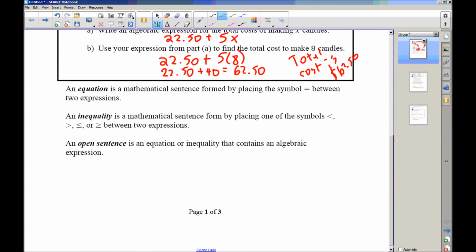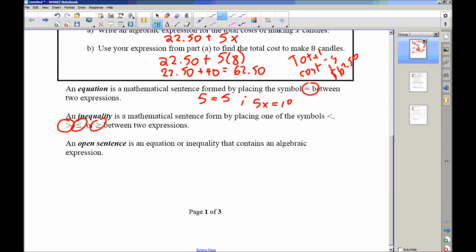All right. A couple of definitions down here. An equation is a mathematical sentence formed by placing the equals between two expressions. So this is an equation, or this is an equation, and so forth. Okay. An inequality is a mathematical sentence formed by placing one of these 4 symbols. These symbols are less than, greater than, less than or equal to, or greater than or equal to between two expressions.